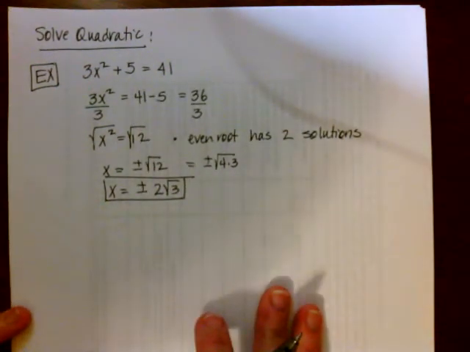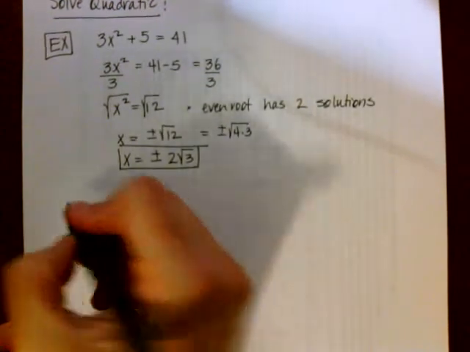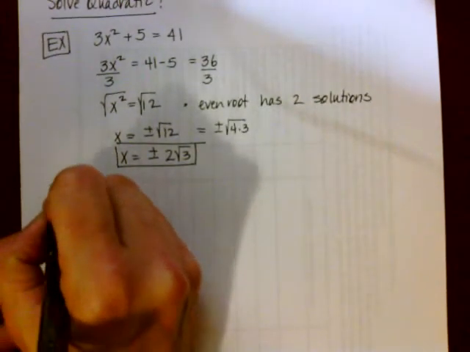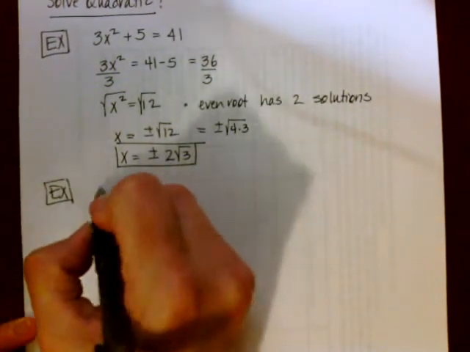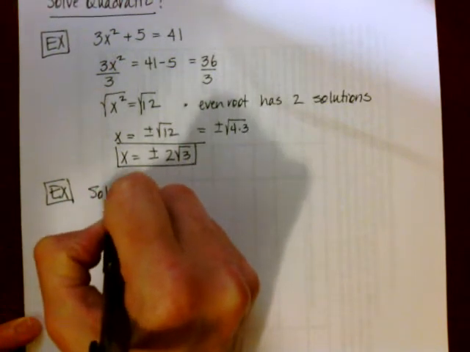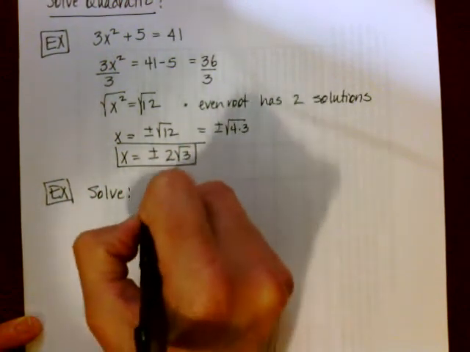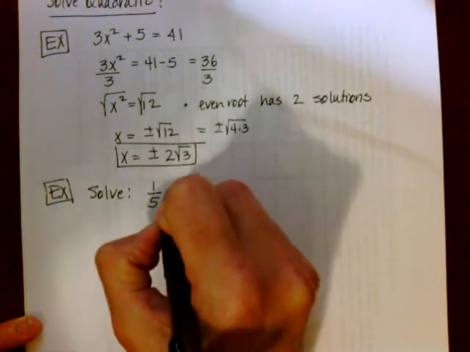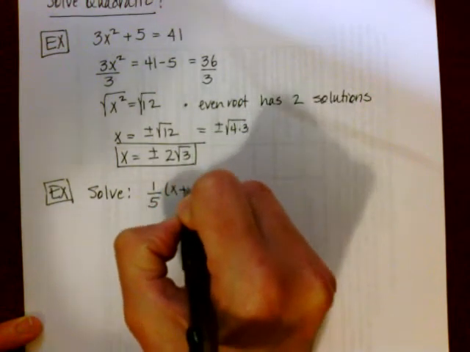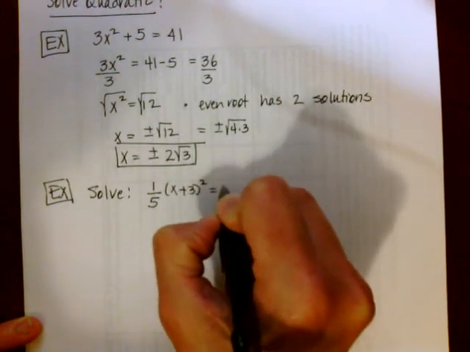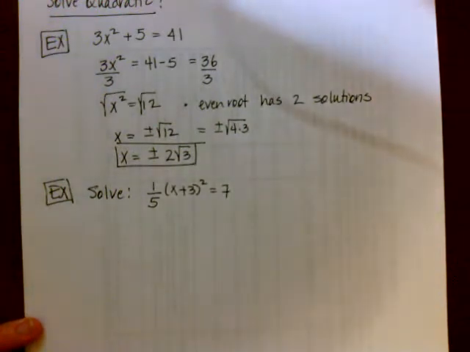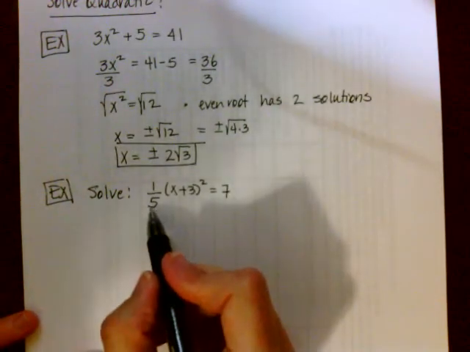Okay. Now let's do one that's a little bit different. We haven't seen many that have actually shown up like this, so again I'm going to solve, and this time my equation is written like this: 1/5 times x plus 3 quantity squared is equal to 7. So now what I'm going to do is manage the 5 first.